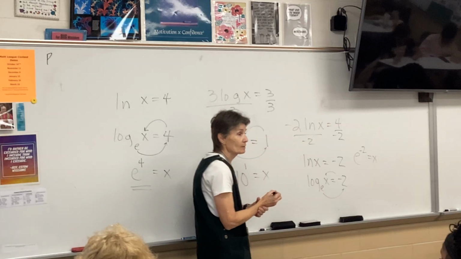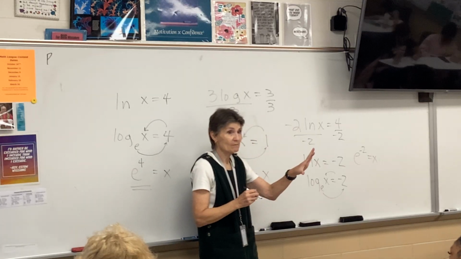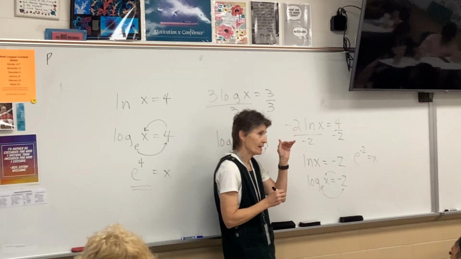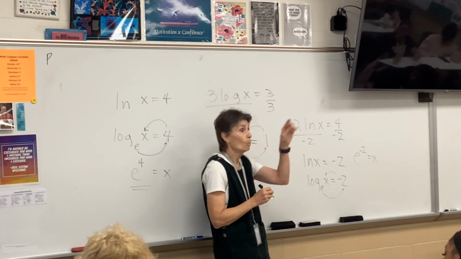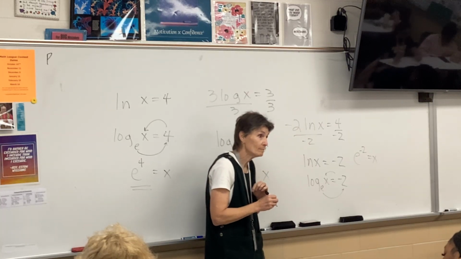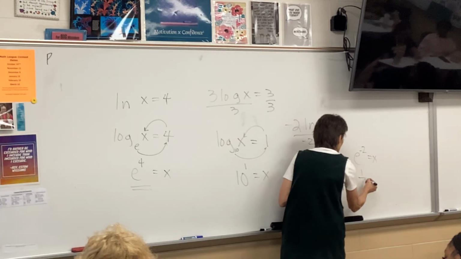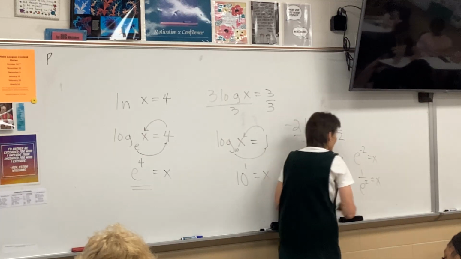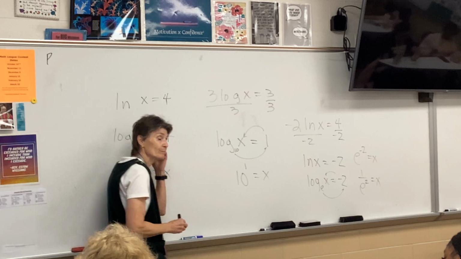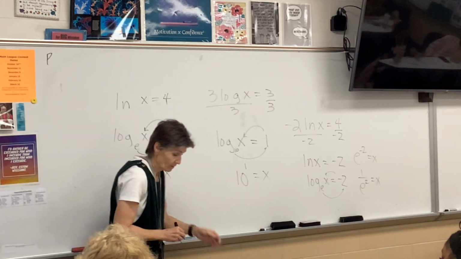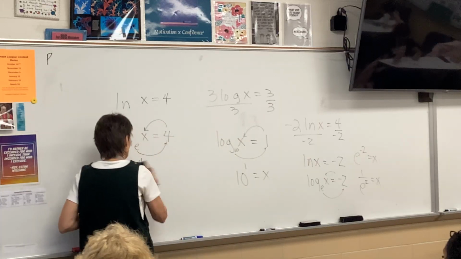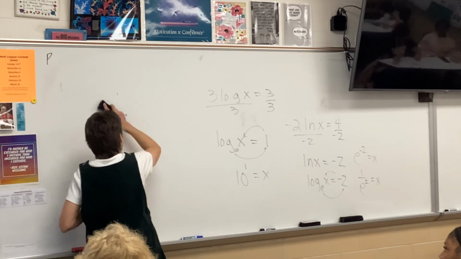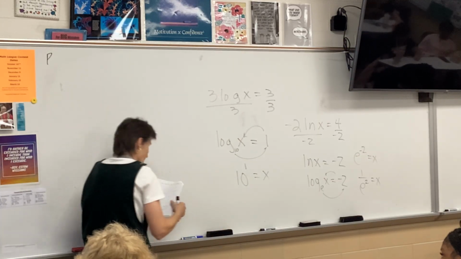Yes. Now, it's okay to leave e, but it's really not okay to have a negative exponent. What does e to the -2 mean? 1 over e squared? And that is your answer. So there were quite a few steps there. They weren't hard steps, but there were quite a few things we had to do.